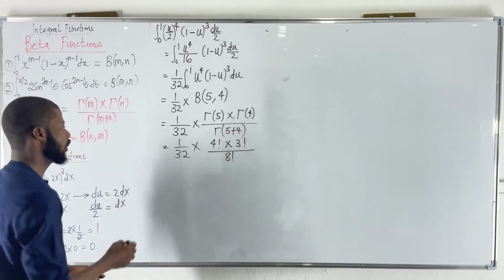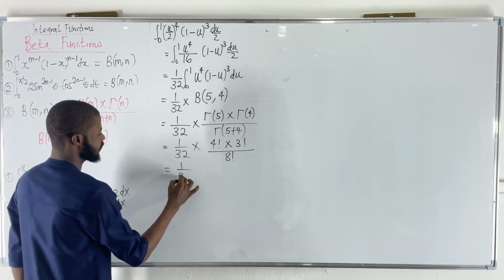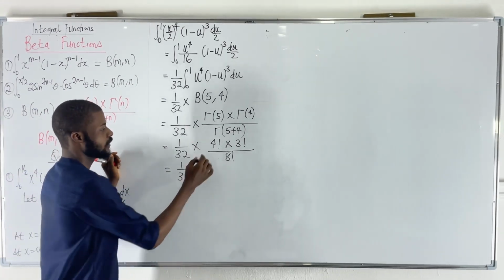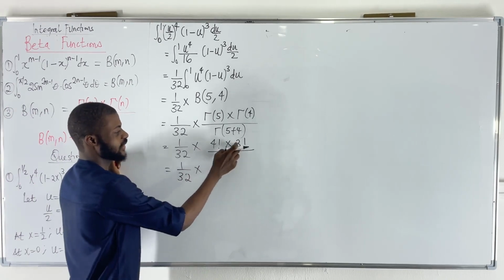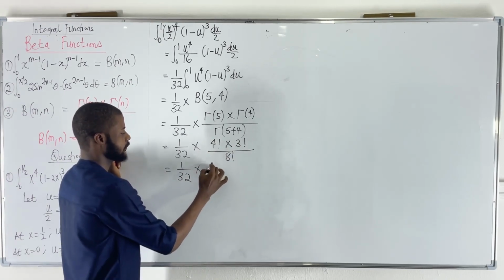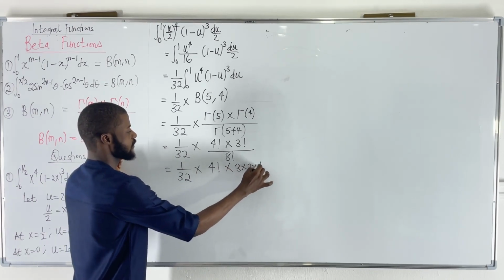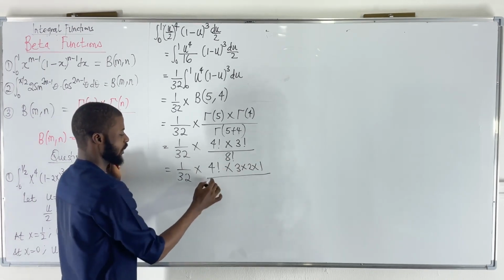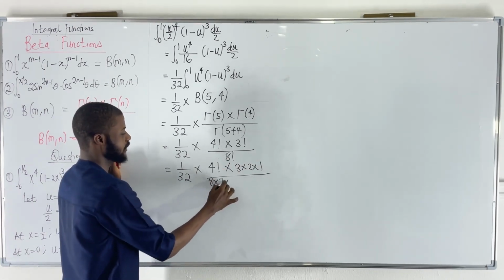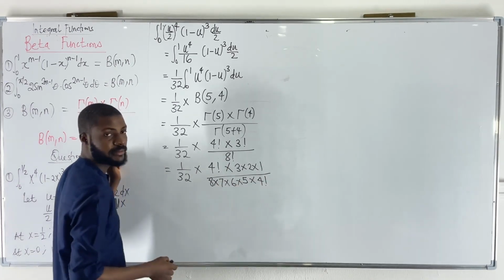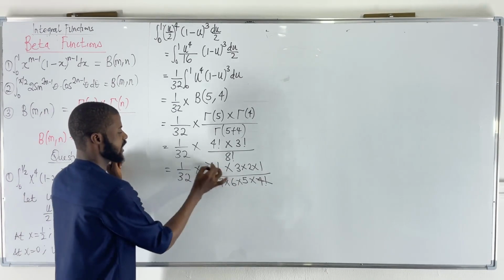Now, what's 4 factorial? I want to leave it like that since it's the greatest of these two. Then 3 factorial is 3 times 2 times 1. Now, what's 8 factorial? That's 8 times 7 times 6 times 5 times 4 factorial. So 4 factorial will take care of 4 factorial.